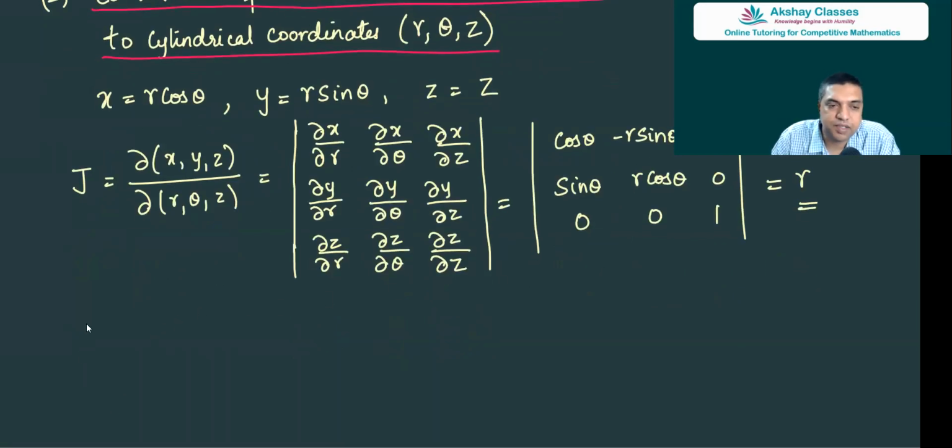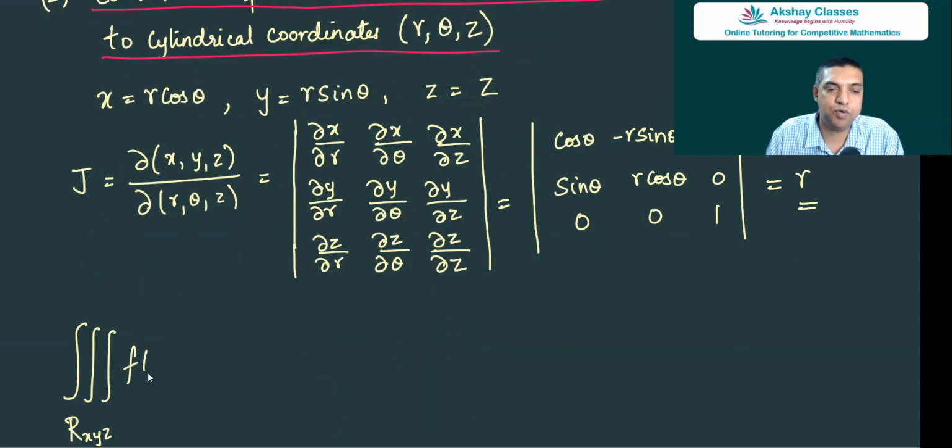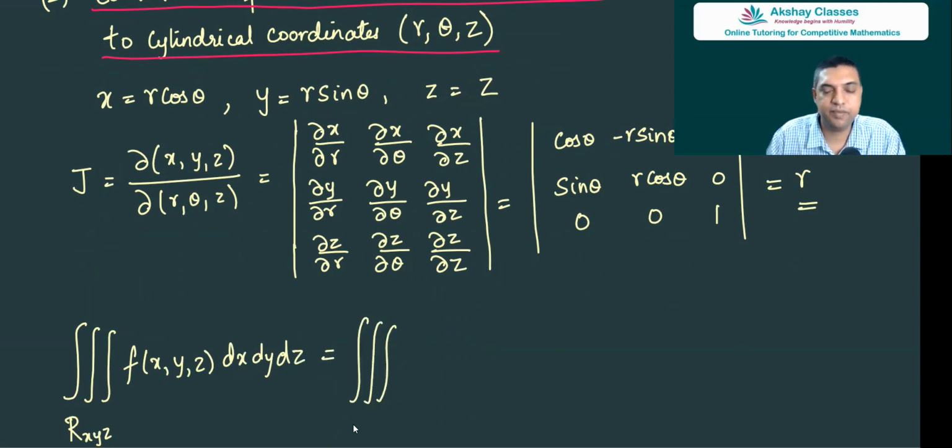So the integral over 3D Cartesian space of a function in terms of x, y, and z converts to an integral in r, theta, z space.